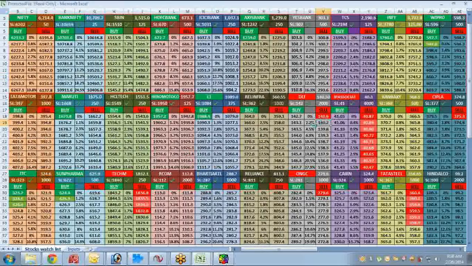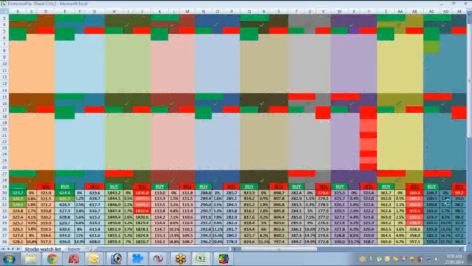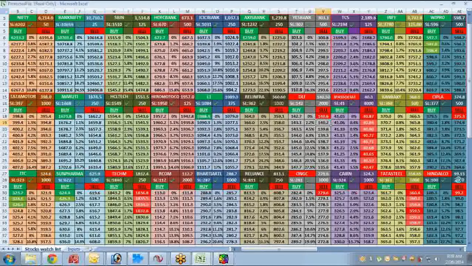So DLF we have a sell. So the metal pack is down, that is Tata Steel and Hindalco.